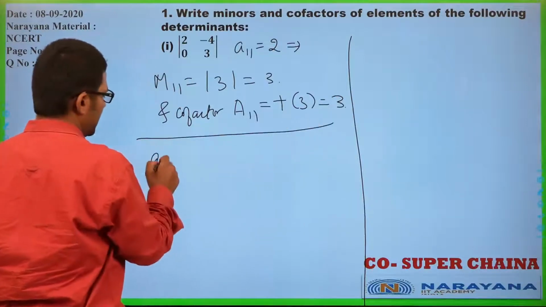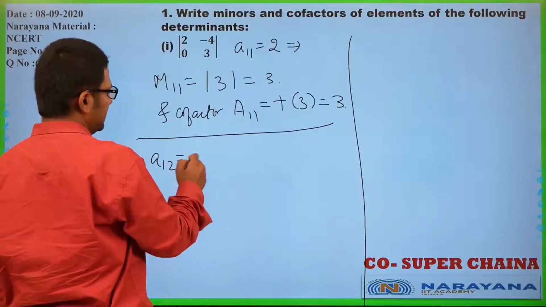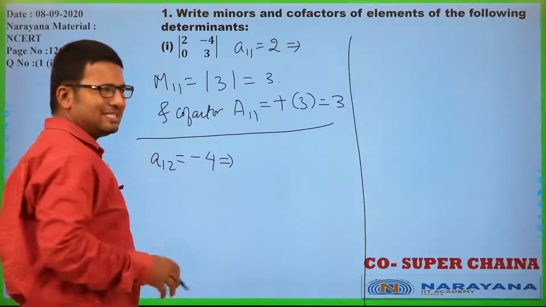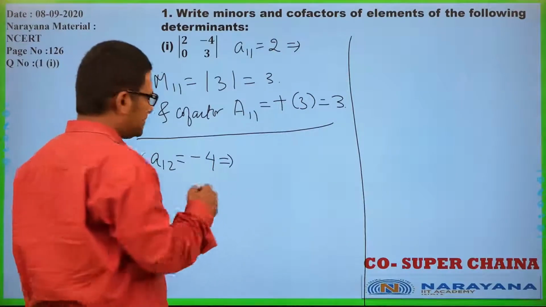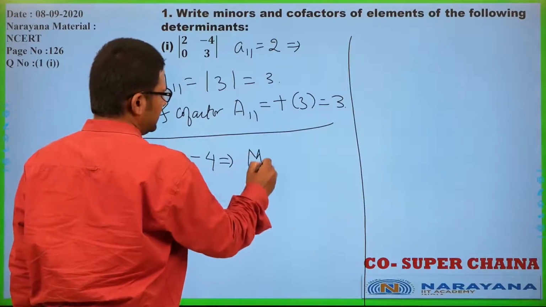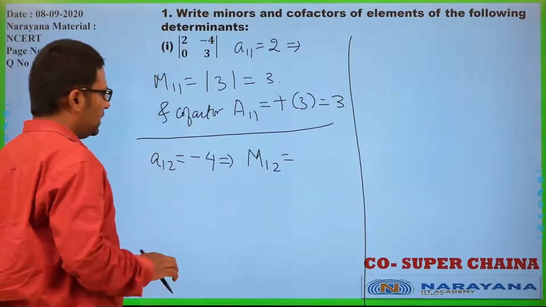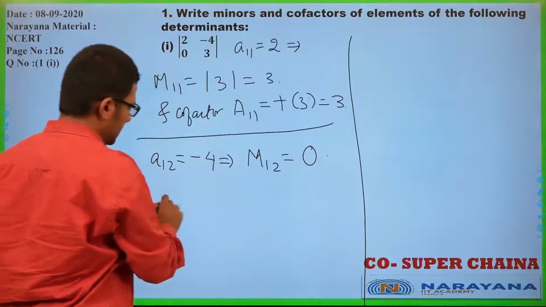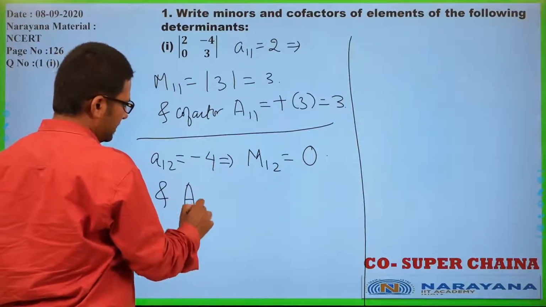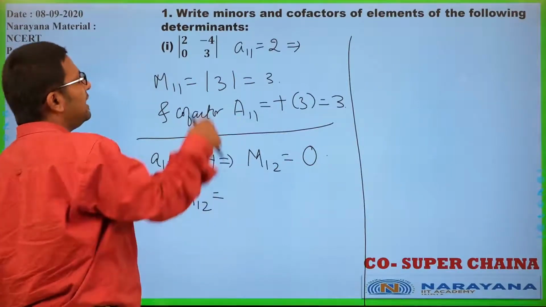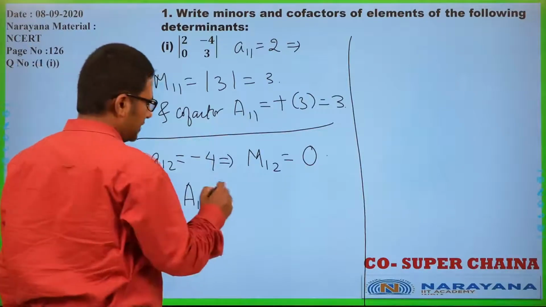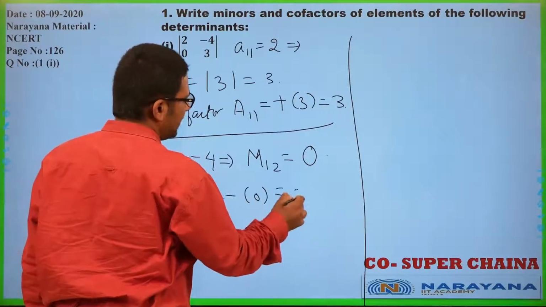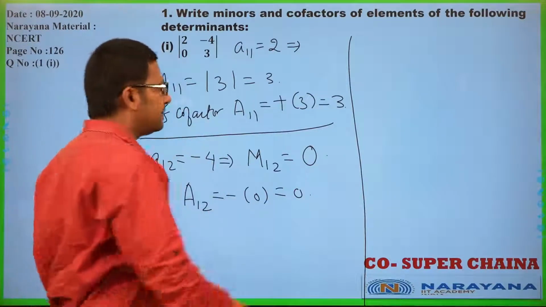Then A12 is minus 4, which means now can I again skip a few steps. A12 is minus 4, therefore M12 we know is going to be the element opposite to this, which is 0, and cofactor A12 is going to be, at this position we use minus, right? So minus of 0, which is anyway 0, correct?